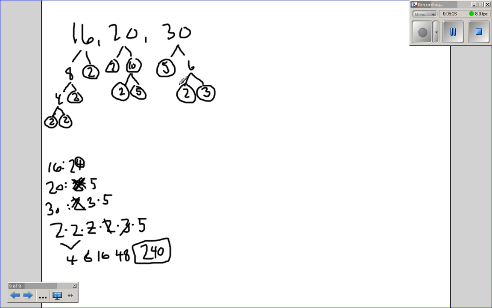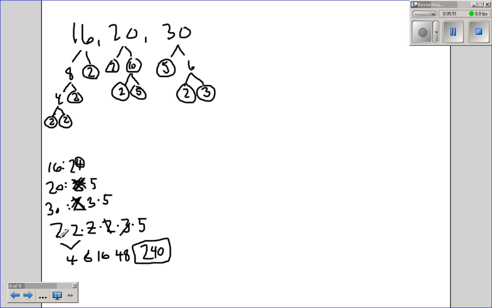And then we have 30, which is 5 times 2 times 3. So we cross out that 2 because it's already included in the 2 to the fourth, and 3. We have to include that 3 because there's no other factors of 3, and 5.